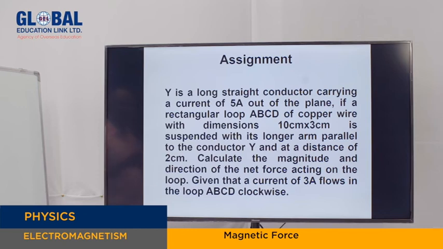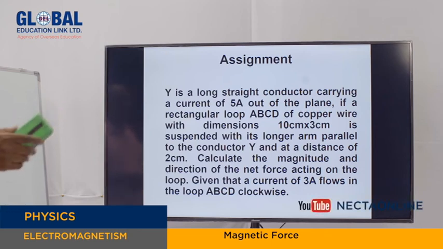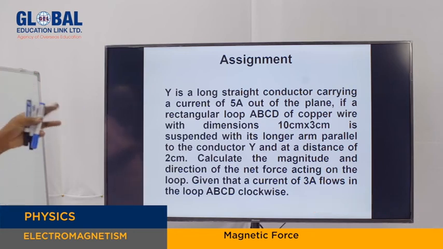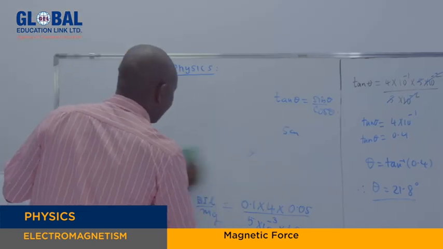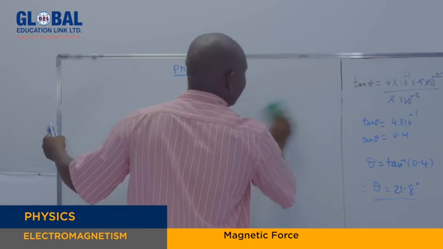The length and the width are given, and the current there is given as 3 ampere, flowing clockwise. So let me give you hints on how to check and solve those questions, but it's your assignment.